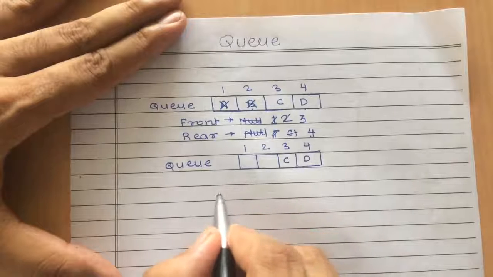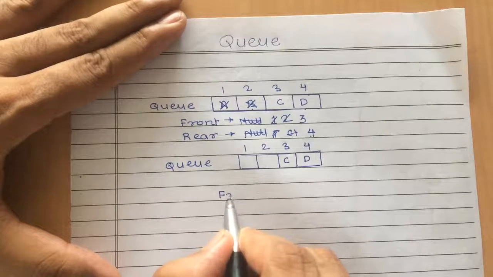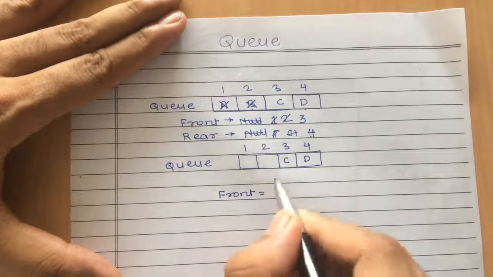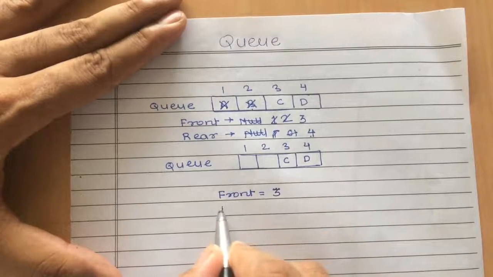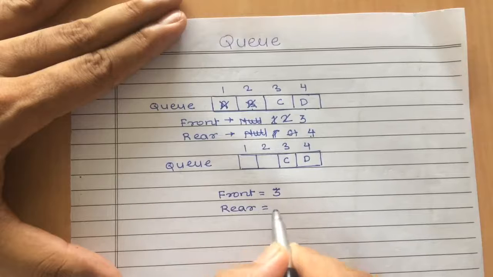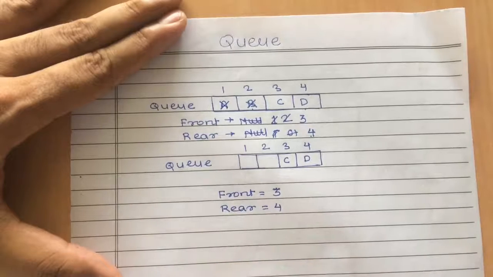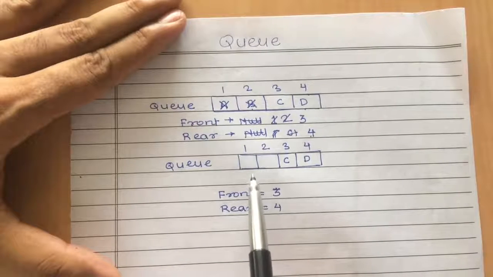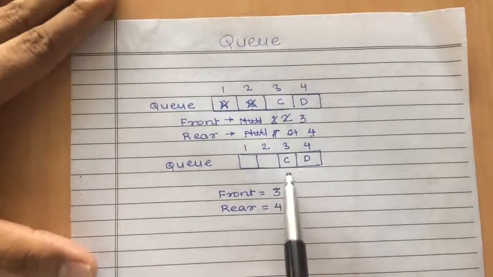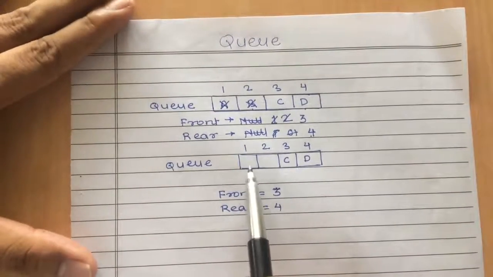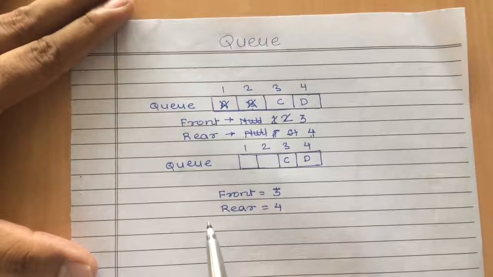My front pointer will point to the front element, that is C, present at the third location, and rear will point to the fourth location. As we have seen, two elements are present in this Q, and 2 empty spaces are also there. So empty space is there in this Q.